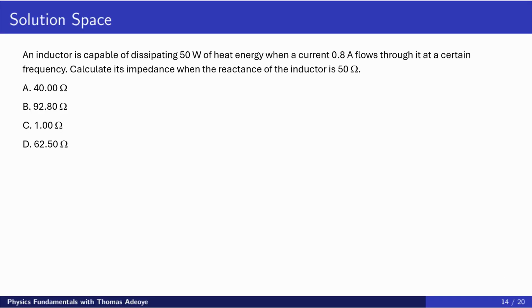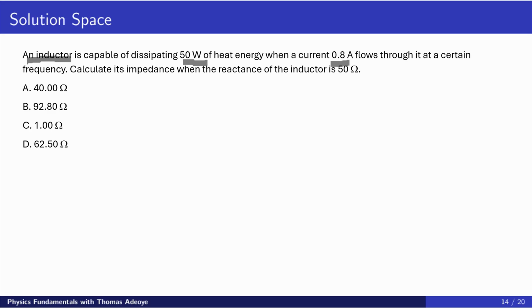Okay, so now moving on to the last question. The question says that an inductor is capable of dissipating 50 watts of its energy when this current flows through it at a certain frequency.